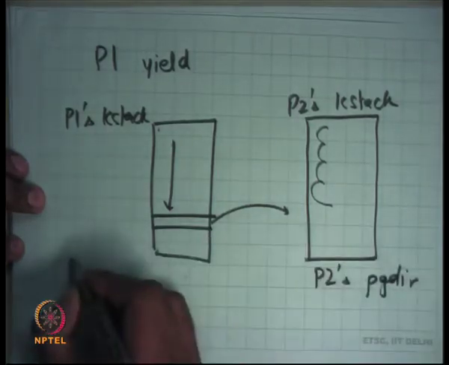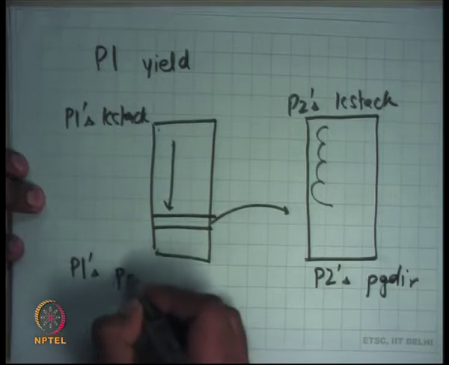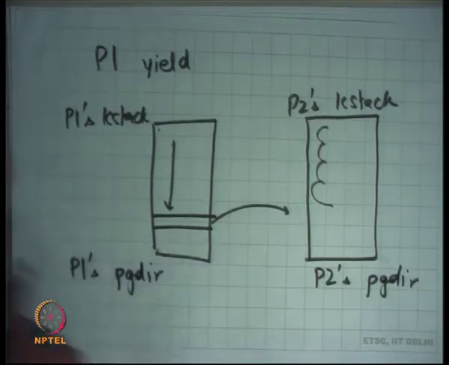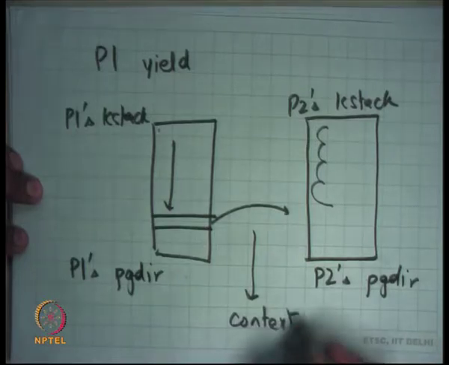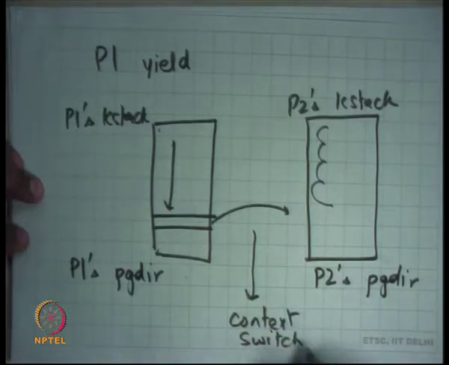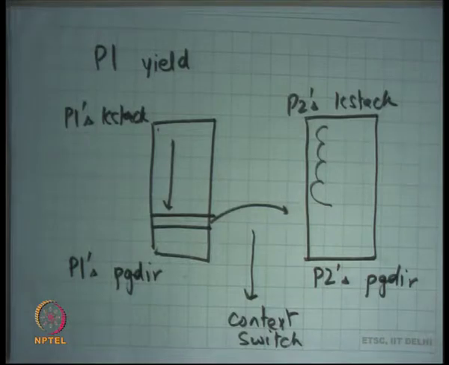right. So this was P1's page directory. So what happens? This process of shifting from one process's K stack and page directory to another process's K stack and page directory is called a context switch.